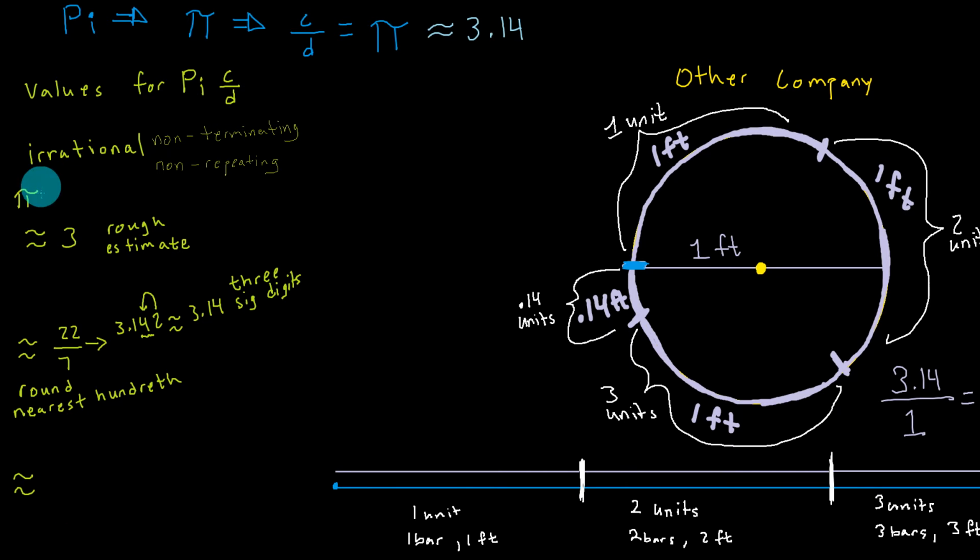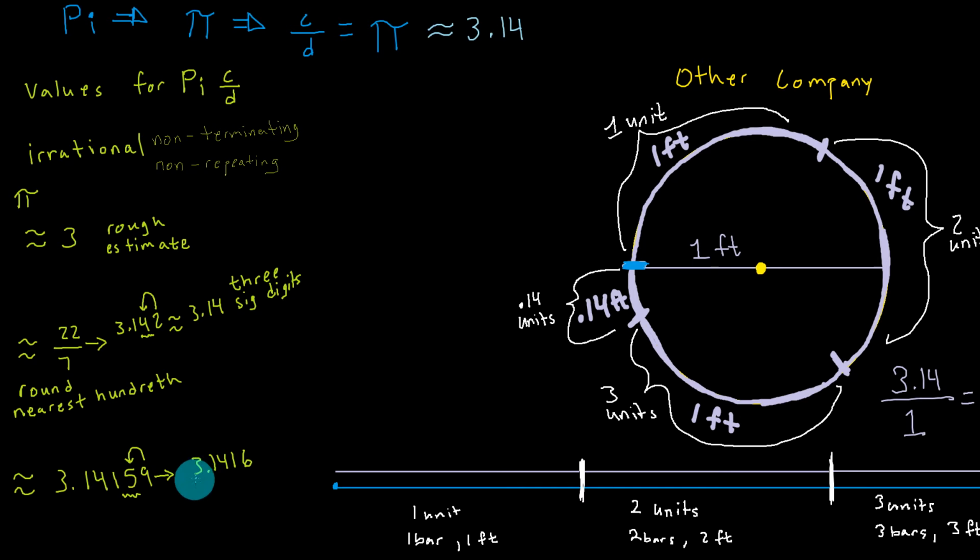So sometimes a problem might tell you that pi is roughly 3.14159. Cool, so we can use this last digit to round to the nearest 10,000th place value. So 9, it's larger than 5. So in this situation, we'll round up. So pi is roughly 3.1416.